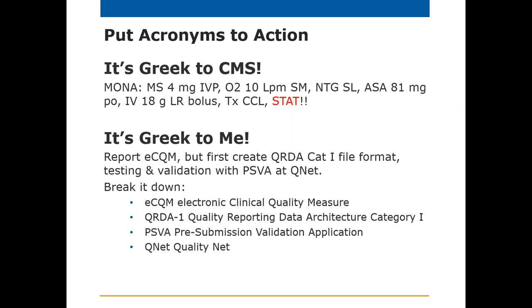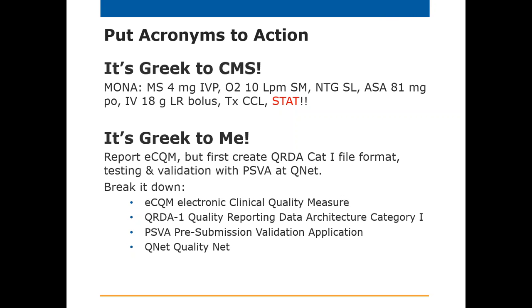So, here I have morphine, 4 milligrams, IV push, oxygen, 10 liters, nitroglycerin, ASA, 18 grams LR bolus, transfer to cardiac cath lab, stat, all of those different acronyms. I know as a brand new ED nurse, that was all completely foreign.